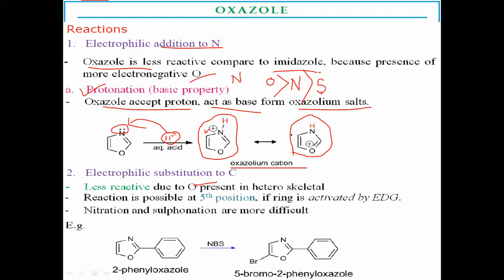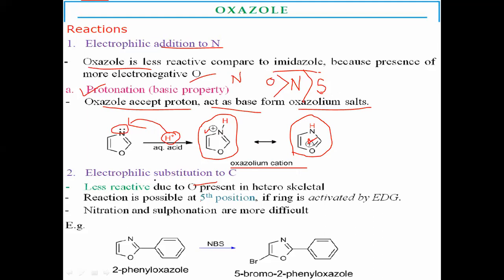Their tautomeric form, by delocalization of electrons, gives the oxazolium cation, with positive charge either on nitrogen or on oxygen because both atoms have unshared electrons. But the addition occurs on nitrogen more easily than on oxygen.